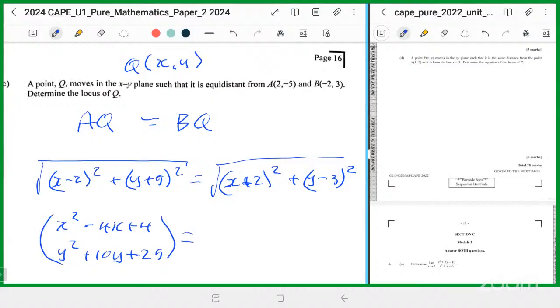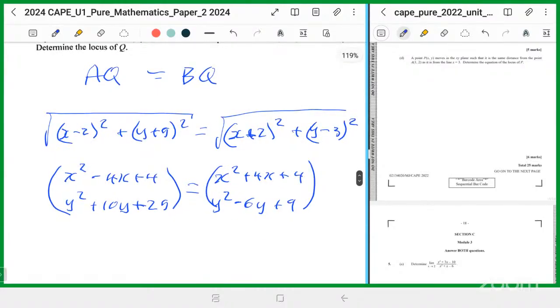Right hand side: expand this, you're going to get x squared plus 4x plus 4, and expand this, you're going to get y squared minus 6y plus 9. What cancels each other now? x squared balances x squared, y squared balances y squared. Let's bring over everything to the left side.